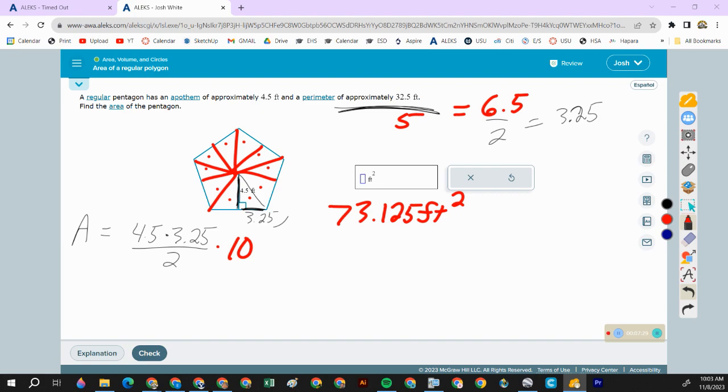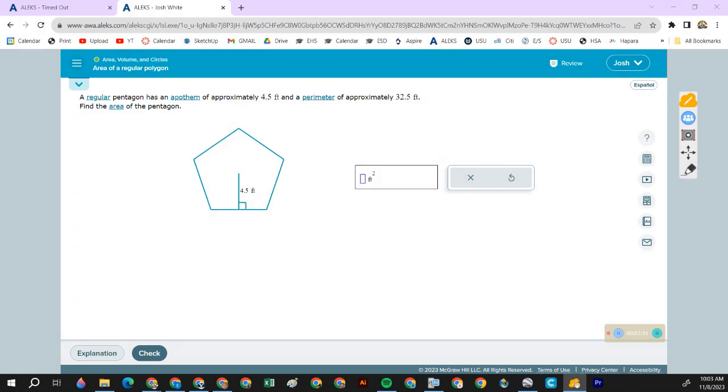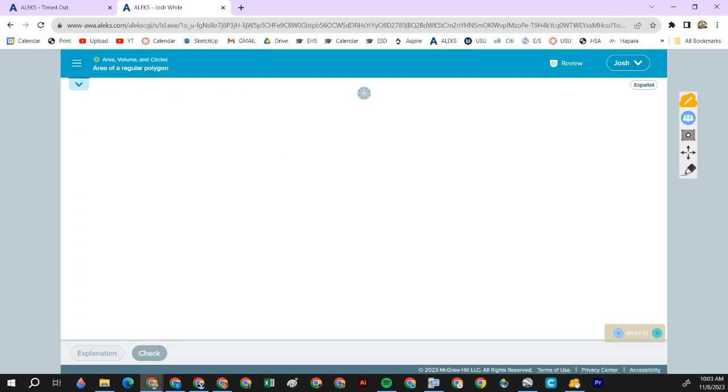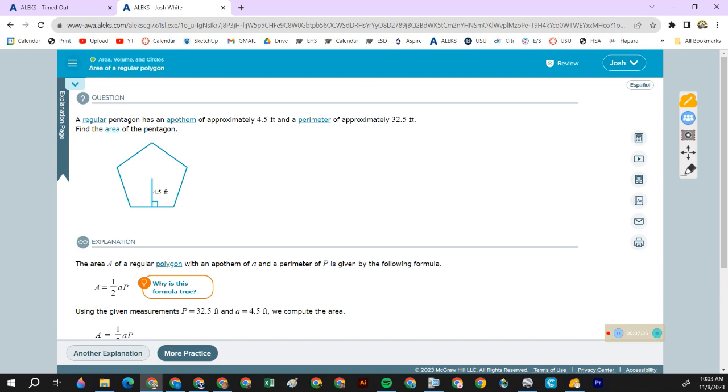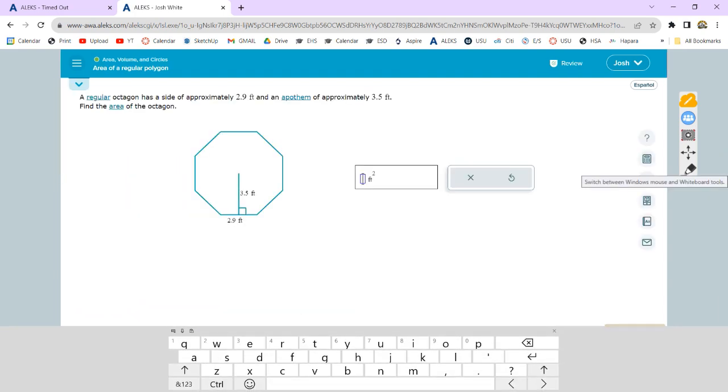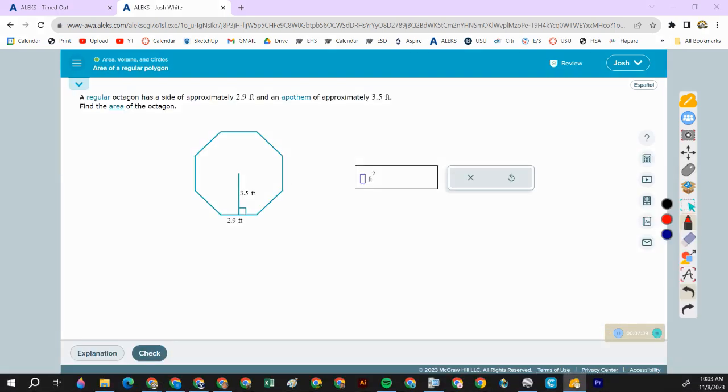Okay, let's do another one. All right, same idea here. This time they told me that the apothem is 3.5 and one of the sides is approximately 2.9 feet.